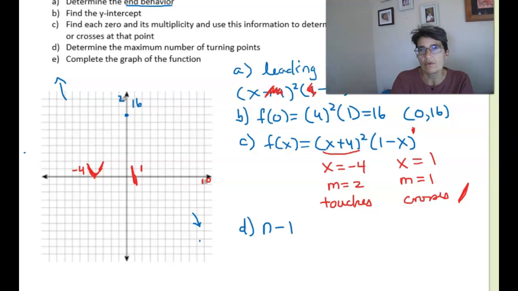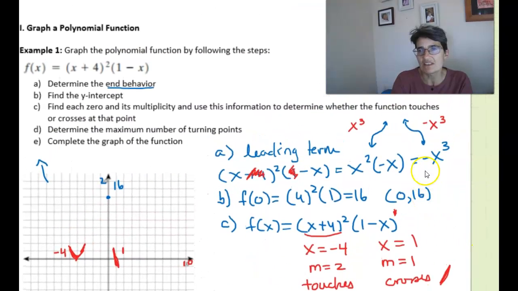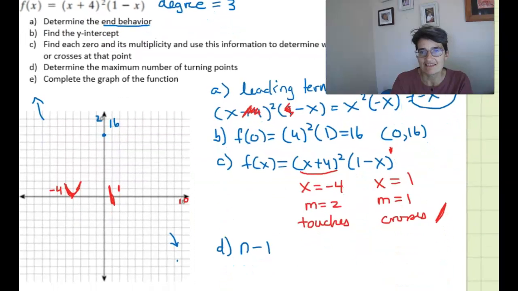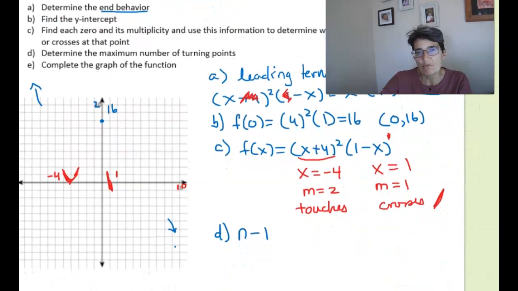Going back to part A, this is our leading coefficient, so this polynomial is degree 3. So that's our n, and n minus 1 is 2. That means it has a maximum of 2 turning points.